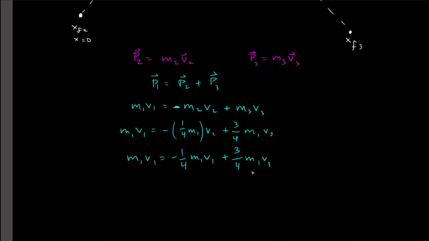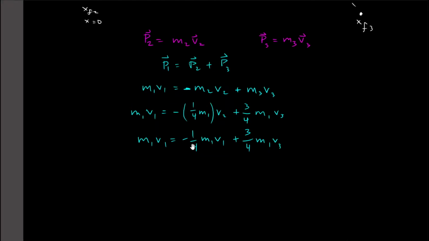Now we can solve for v3. We can add this term to both sides. m1 v1 plus 1/4 m1 v1 is 5/4 m1 v1 equals 3/4 m1 v3.